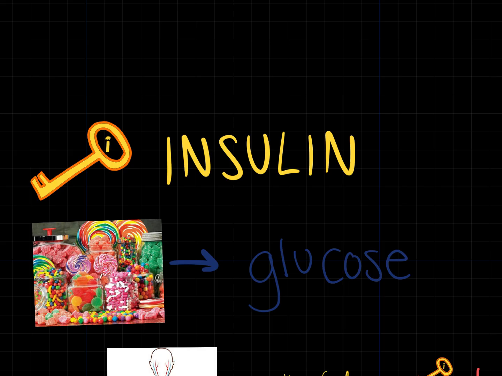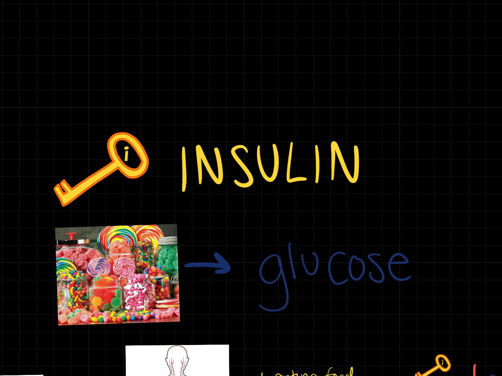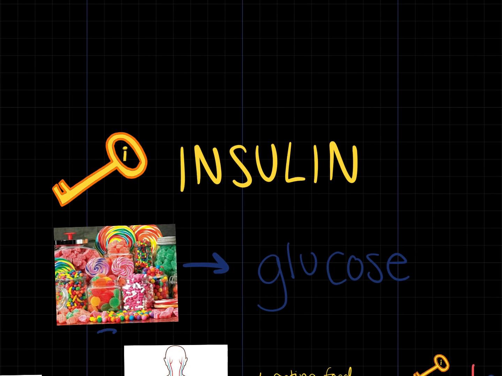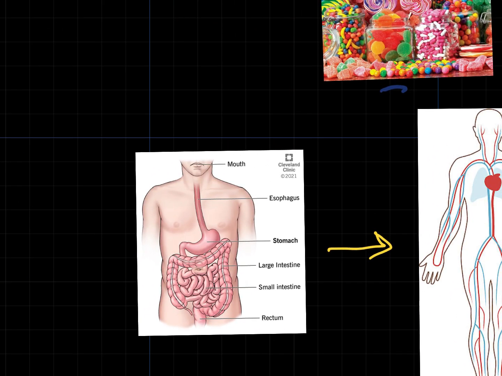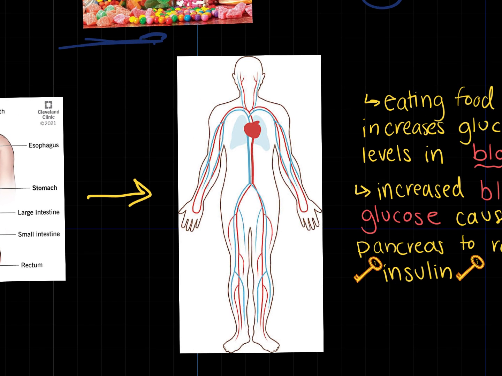So, insulin. We just said, we eat all this stuff, our glucose levels are going to rise. When that happens, we know our digestive system breaks down all that sweet candy and turns it into glucose that travels around in our circulatory system. So all of this glucose is now in our circulatory system.